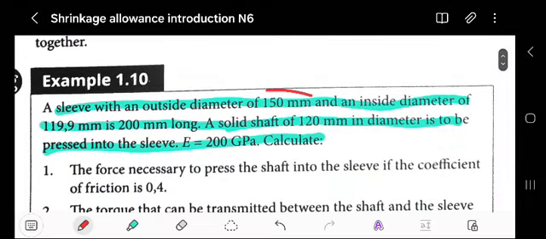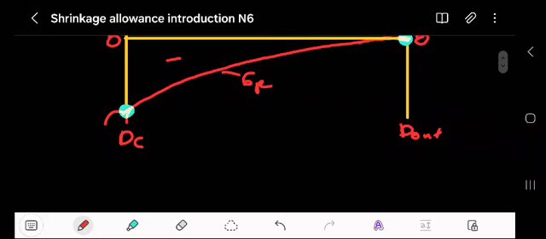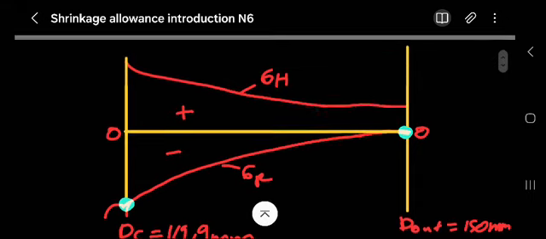Our outer diameter is 150 millimeter, and the inside diameter is 119.9 millimeter. So we don't know this value.